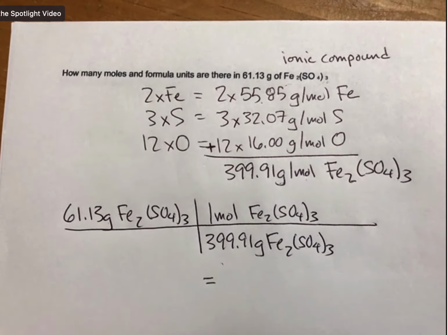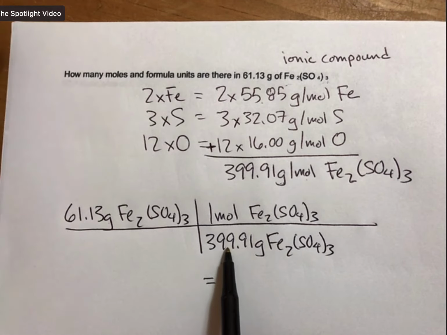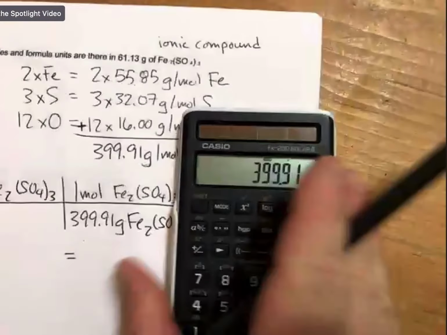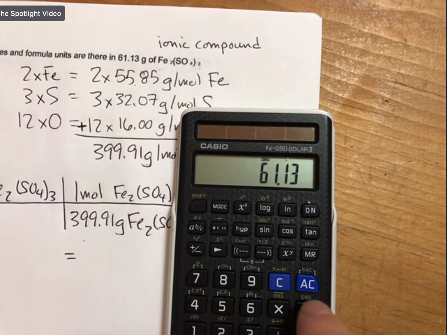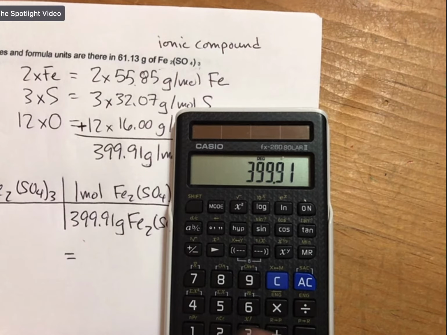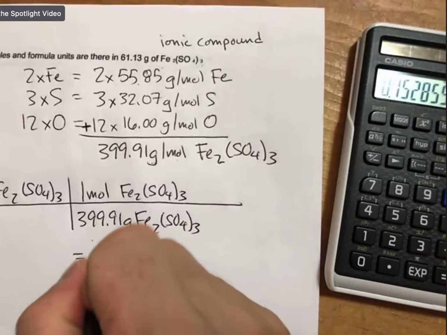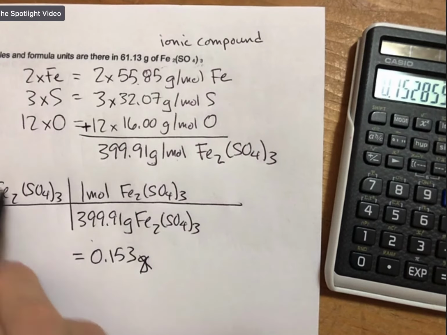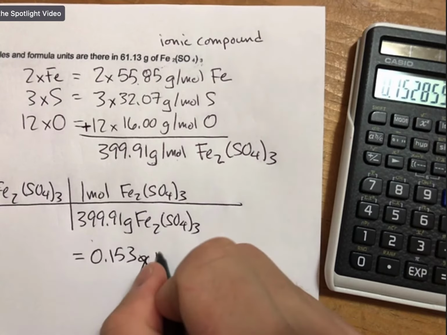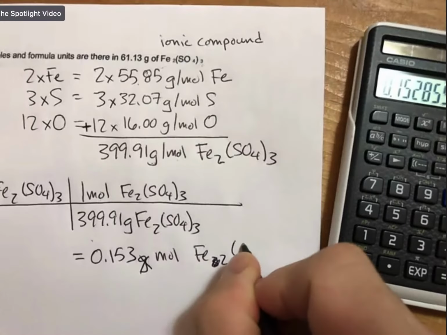I'll write my answer down here. Well, let's see. So 60 divided by about 400. All right, it's definitely going to be less than 1. I always like to check in with what my numbers are supposed to be and think about it, because sometimes my calculator does not work for me. That looks about right, 0.153. Sorry, not grams, moles of iron(III) sulfate.